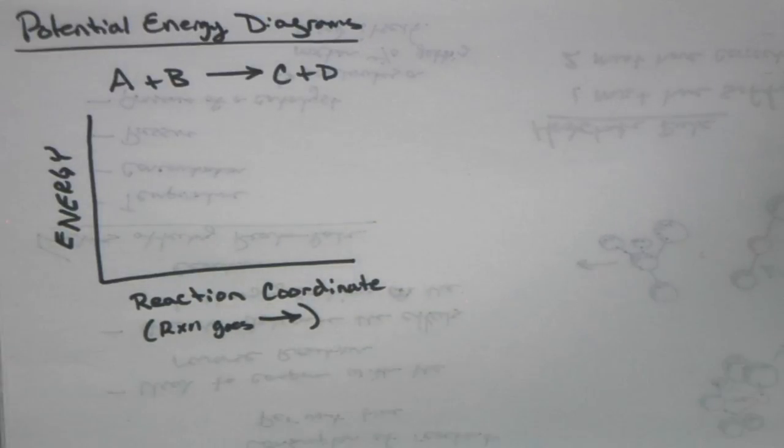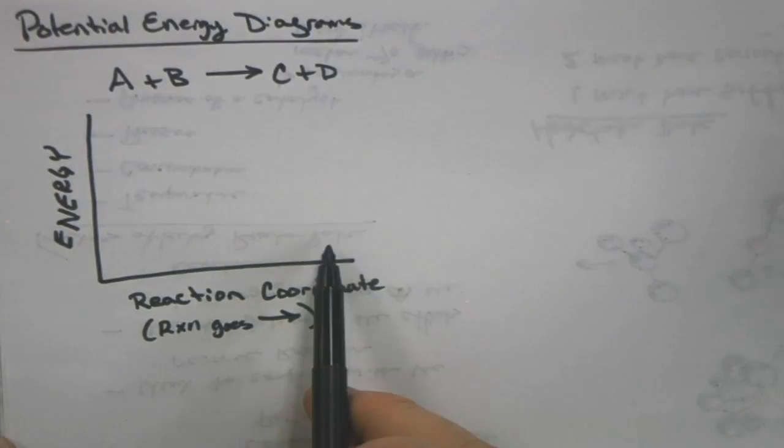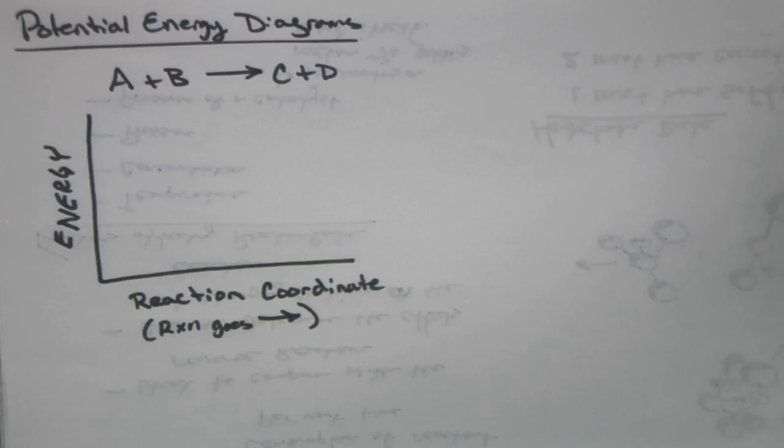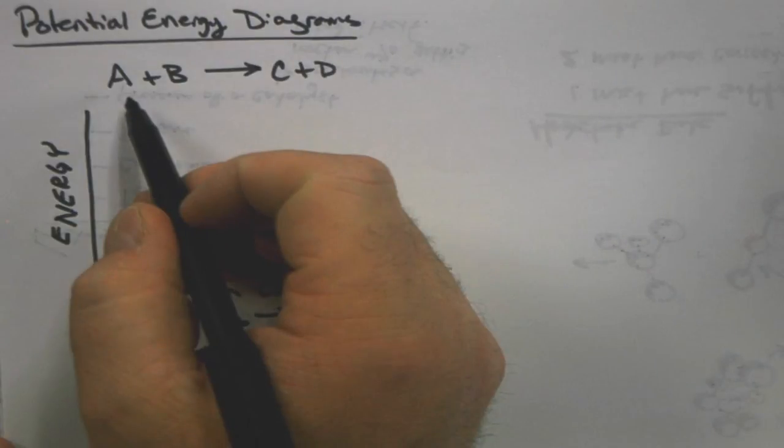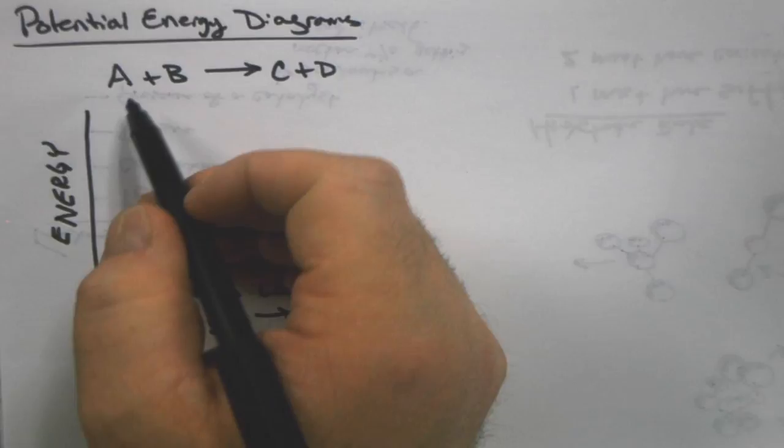And on the bottom is called the reaction coordinate, but it really just means that the reaction goes this way. As we move forward, the reaction goes this way. All right. We said earlier that, I think I said that earlier.